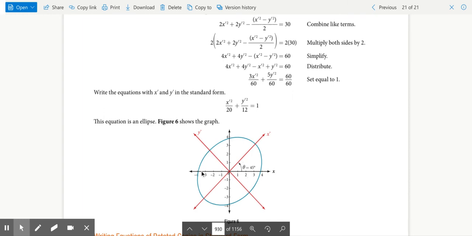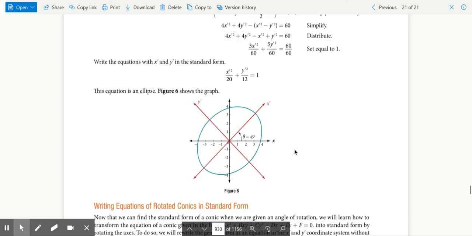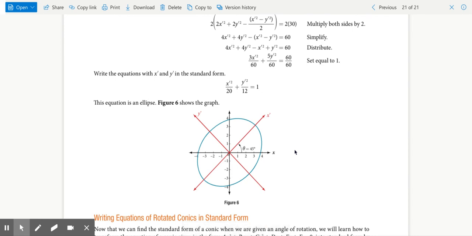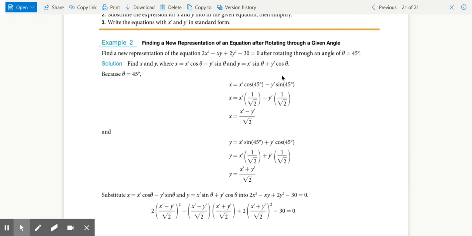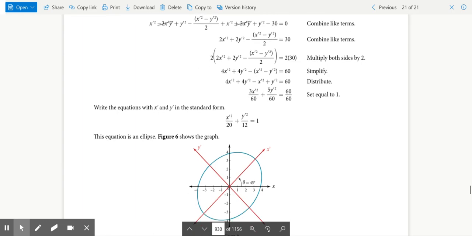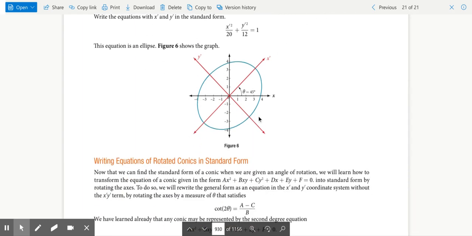Essentially this ellipse on the regular xy axis was rotated 45 degrees, and now it's on the x prime y prime axis. So if the question asks to get rid of the xy term, we're getting a new representation of this equation by getting rid of that xy term by getting it in terms of a new set of axes. That's what we're doing in this example.